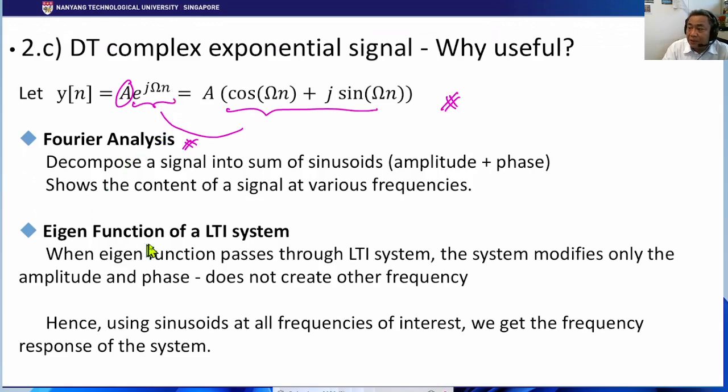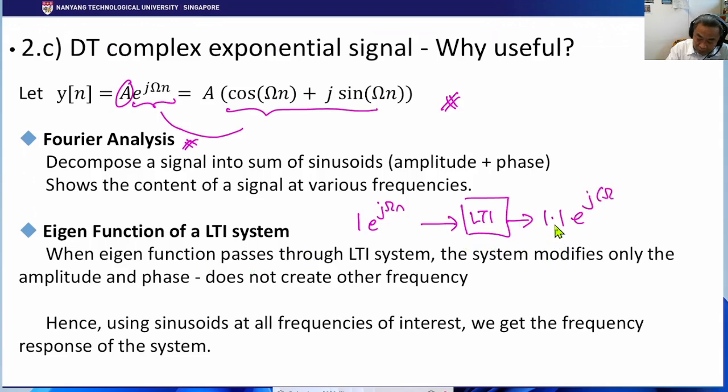The other important thing about complex exponentials is that they are eigenfunctions of LTI systems. What do I mean? If we have an LTI system and we have e^{jωn} being sent into the system with amplitude 1, let's say, out comes a changed amplitude, some amplitude times e^{j(ωn+φ)}, and that's all.